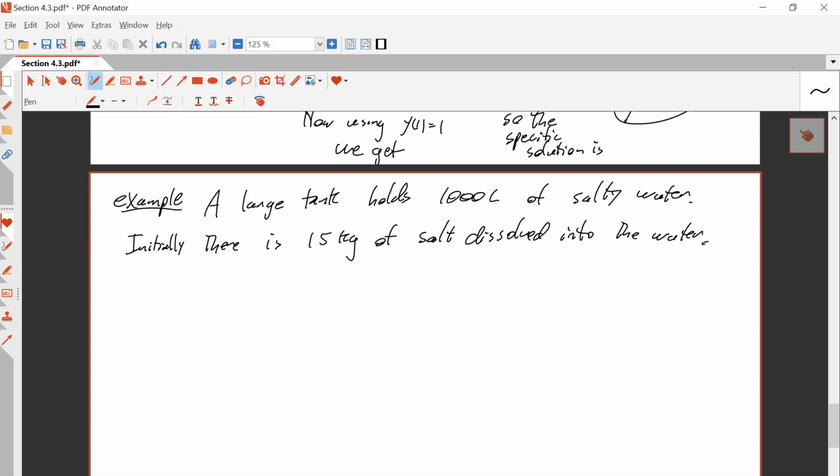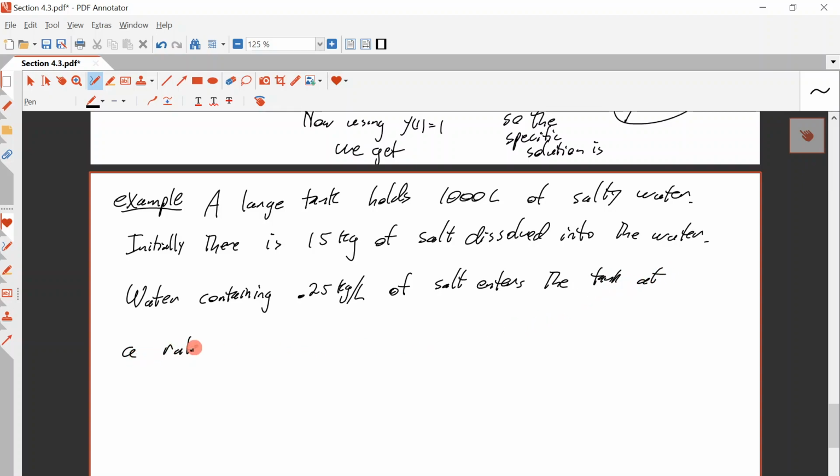Okay? Water containing 0.10 kilogram per liter of salt enters the tank at a rate of 10 liters per minute.